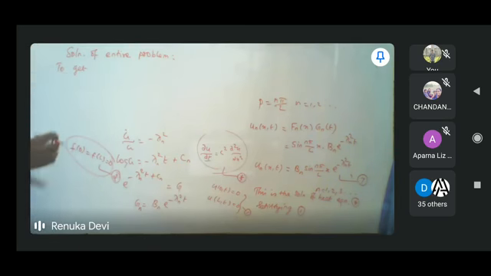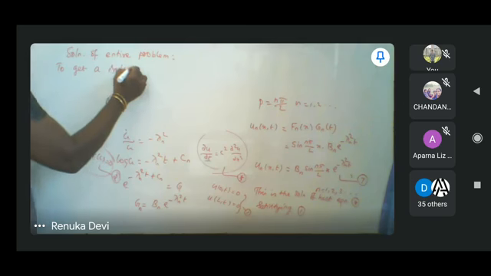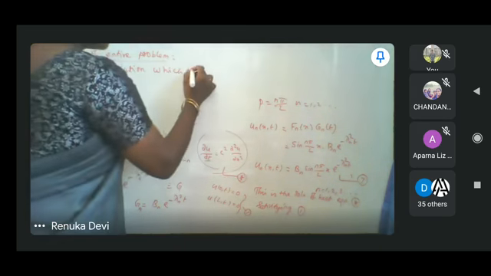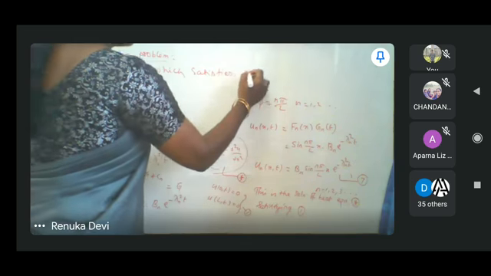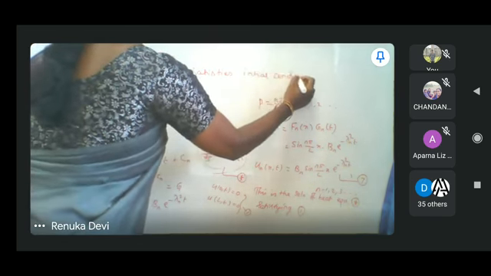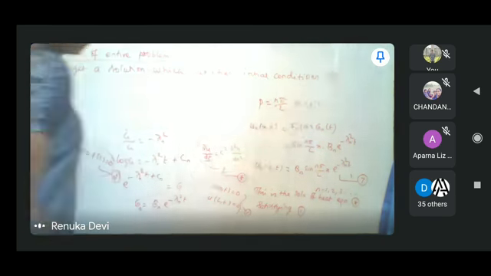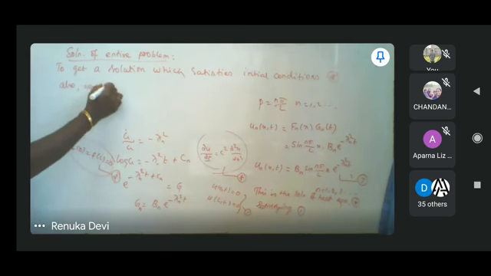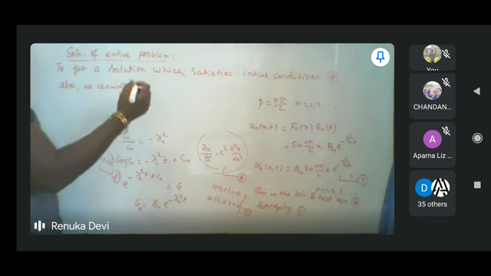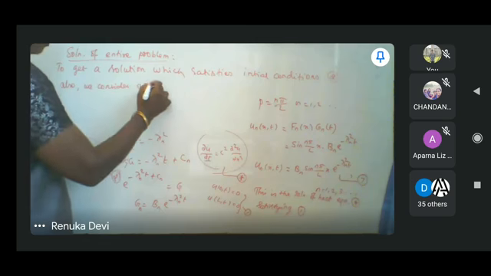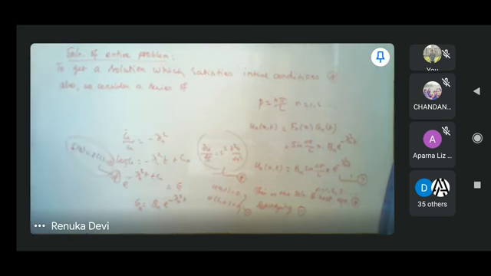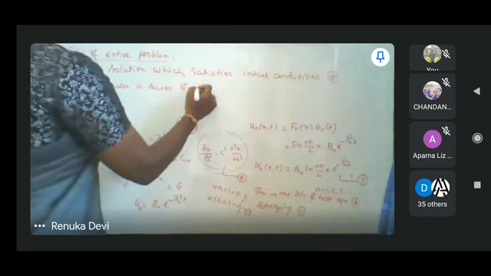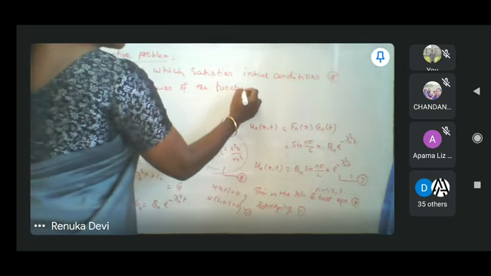So to get a solution which satisfies initial conditions 2 also, we consider a series of the functions un of x comma t.